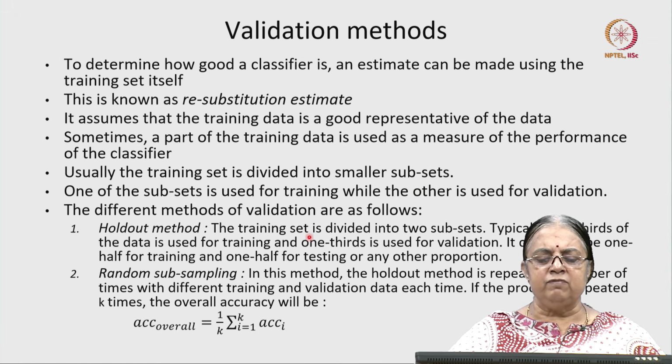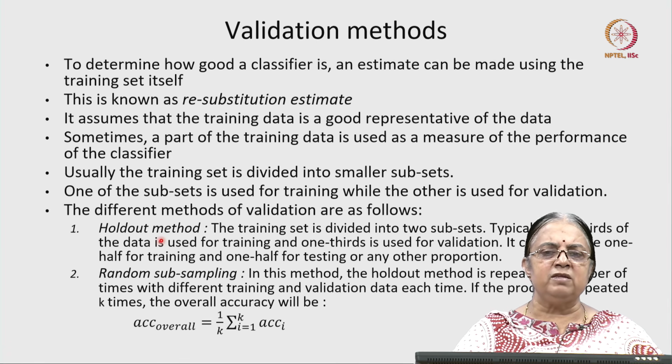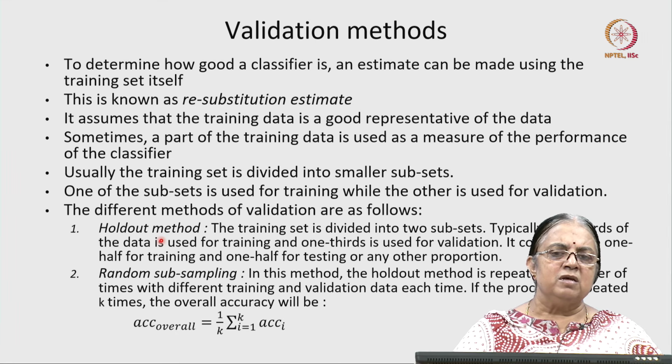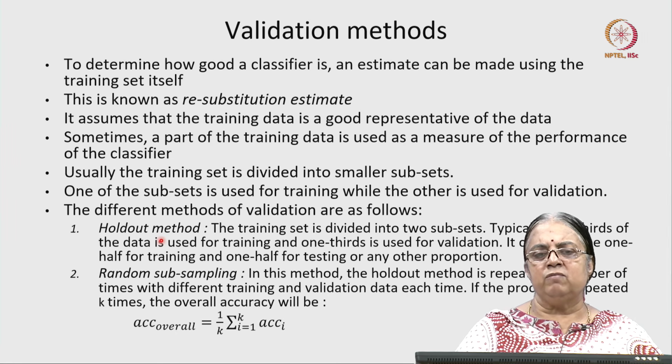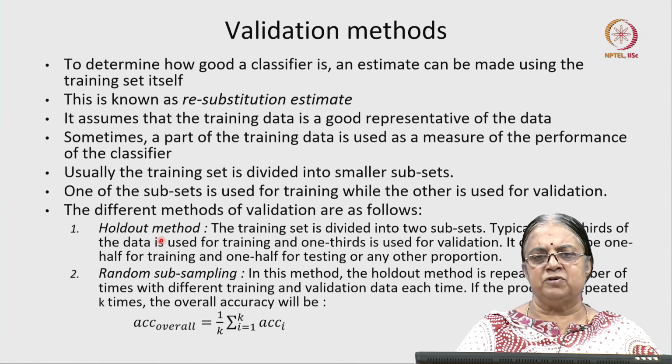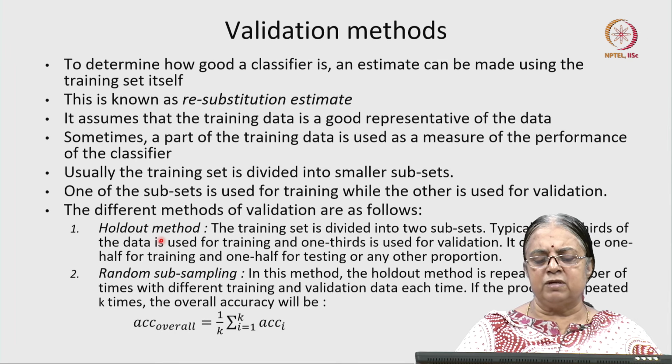So, let us look at different methods. One is called the holdout method. In this holdout method, you are dividing the training data into two parts. Usually, it is taken as 2/3 for training and 1/3 for validation. But you can also have 1/2 and 1/2, half for training, half for validation, or sometimes you can have other proportions also.